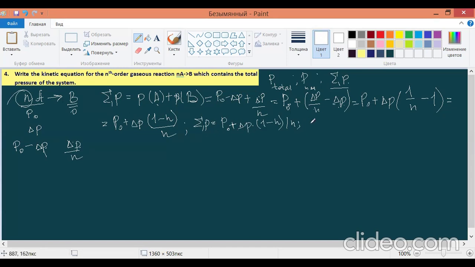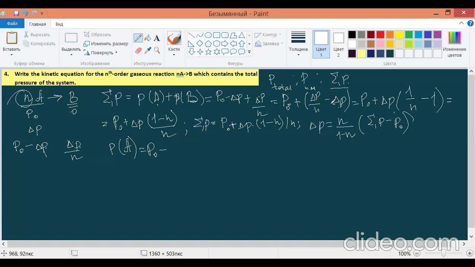And from this equation, I can find delta P, which is equal to n over 1 minus n times sigma P minus P sub 0. And now I can plug this in, in order to understand how PA depends on sigma P.